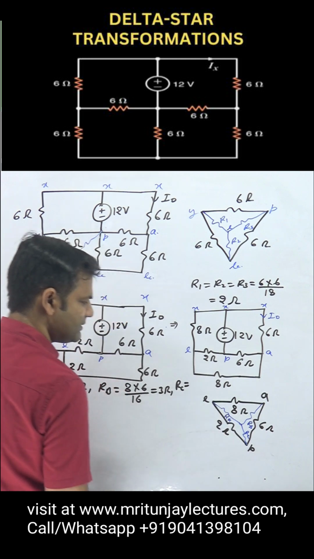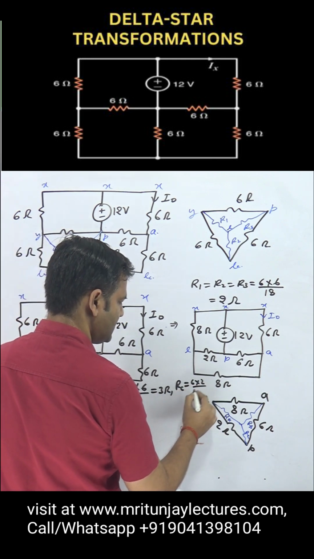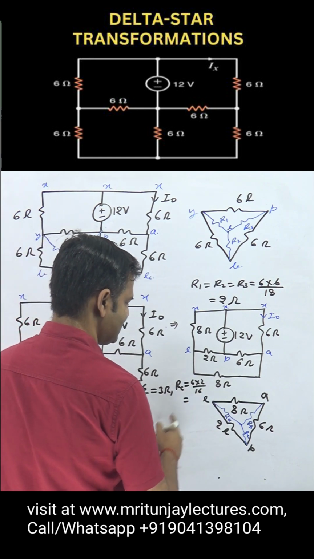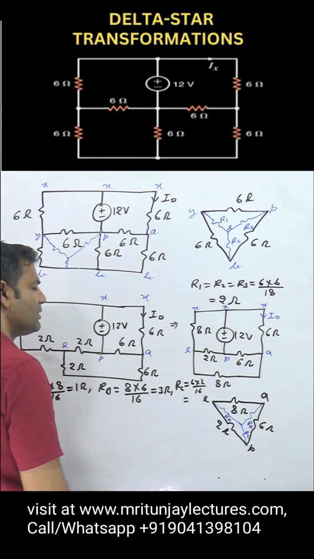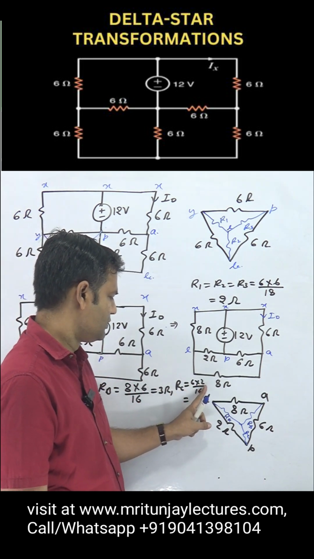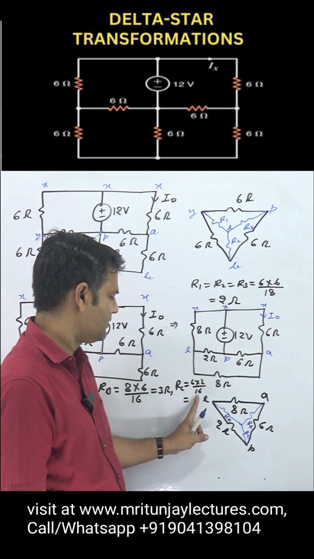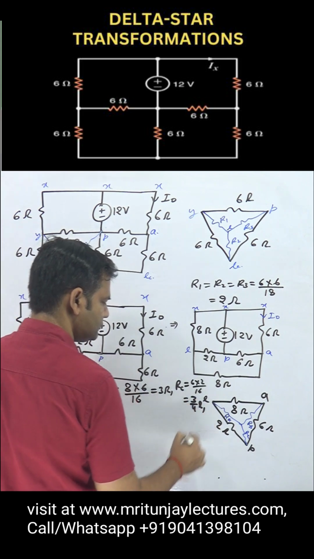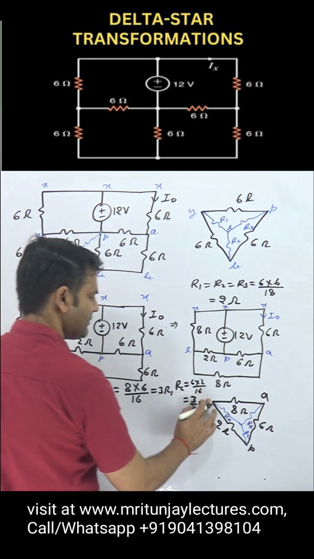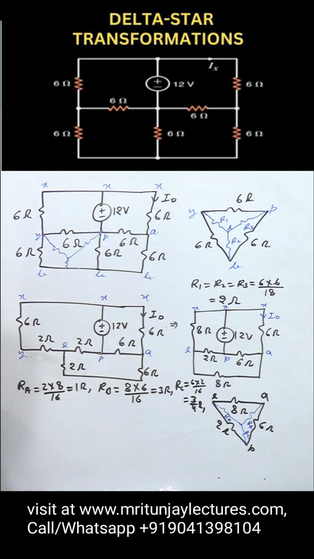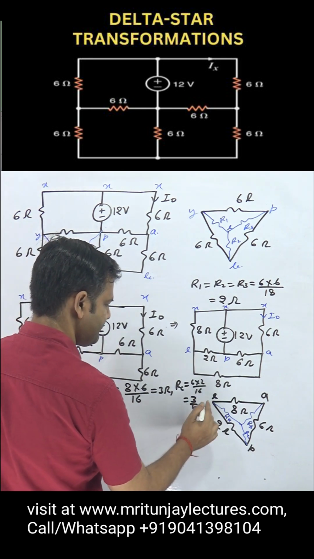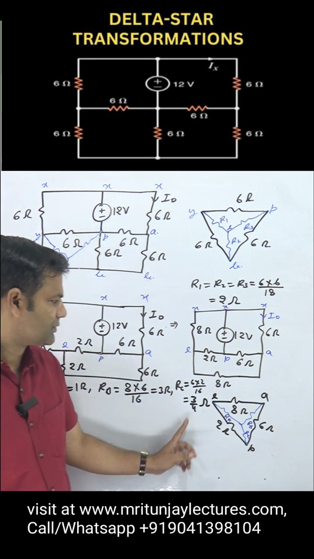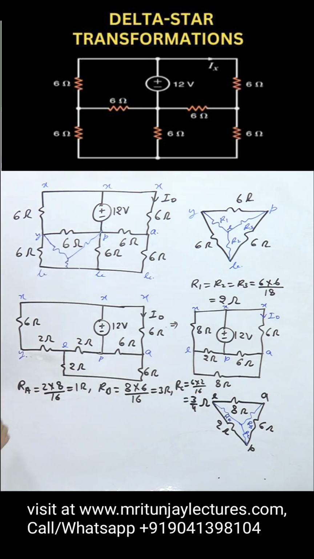RC is written as 6 into 2 divided by 16. We got that is 3 divided by 4. Clear or not? Okay, clear or not? So make the circuit again.